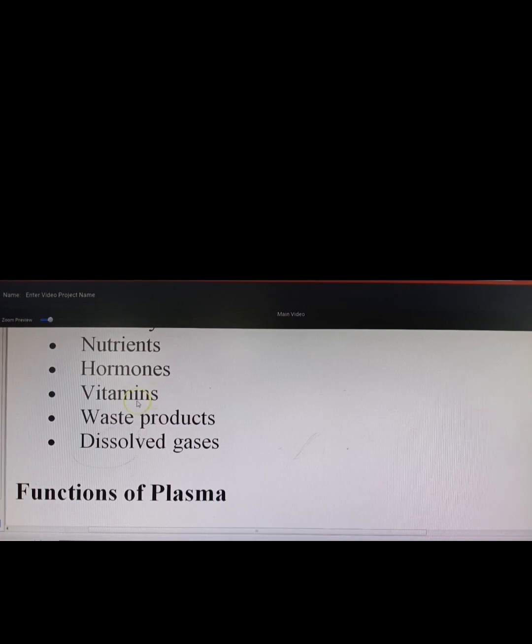And next one is vitamins, like vitamin A, D, E, K, C and vitamin B complex. And waste products such as urea, uric acid, amino acids, bilirubin, carbon dioxide and lactic acid. And dissolved gases like oxygen and carbon dioxide. All these are the composition of plasma.